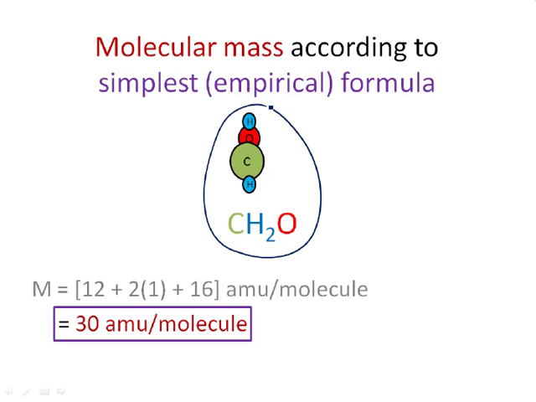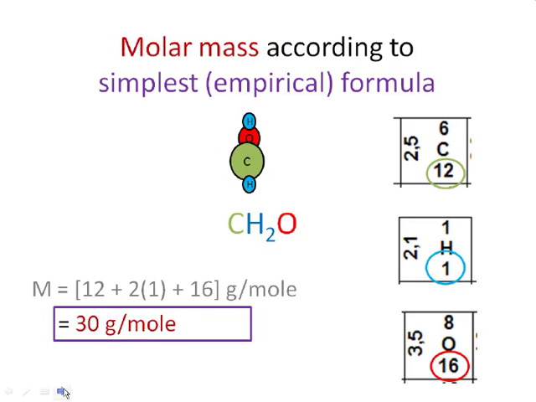That would be the mass of 1 molecule of glucose. If we'd instead found the mass in grams of a whole mole, we would have found it to be 30 grams per mole, and that would be another way to solve this problem. But we have chosen to work with the mass in AMU per molecule. So let's stick with that.